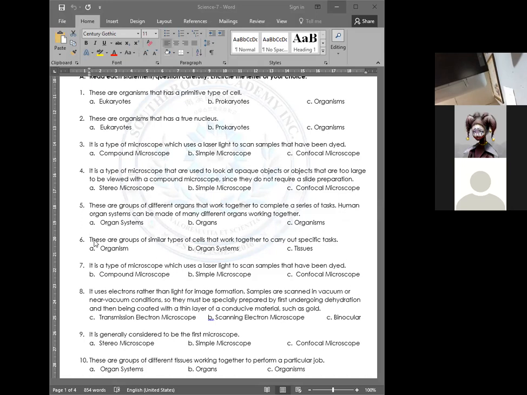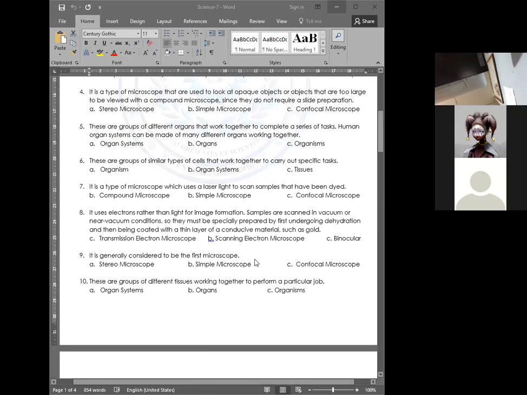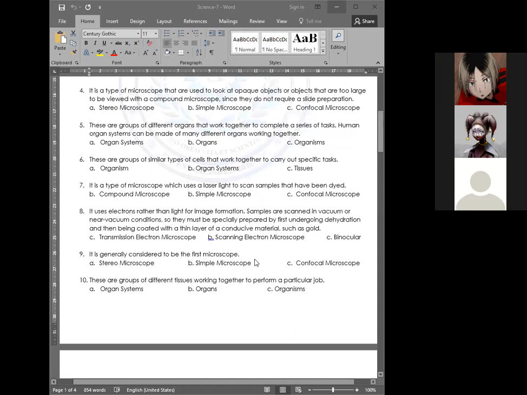These are groups of similar types of cells that work together to carry out specific tasks. What do you think is the answer? Anybody?